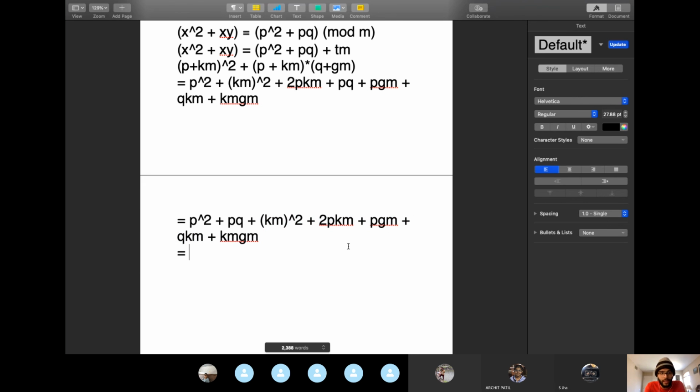So I will just take out m outside and write all these guys together as some t. I'm not interested in what that t is because I know that these are all multiples of m, and m can be taken outside. This will become m times something plus m times something plus m times something plus m times something plus m times something. The something is different, but they're all natural numbers.